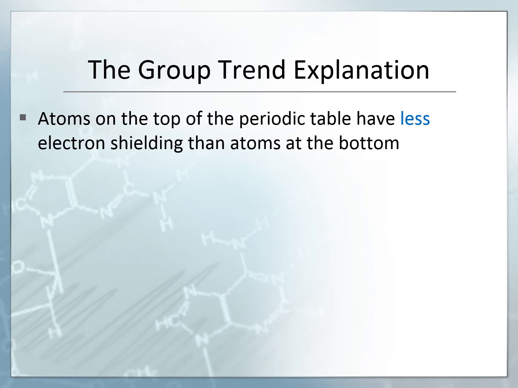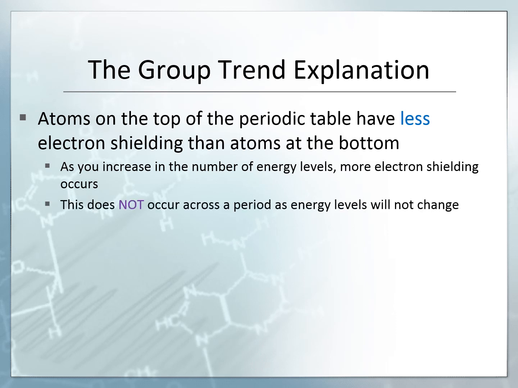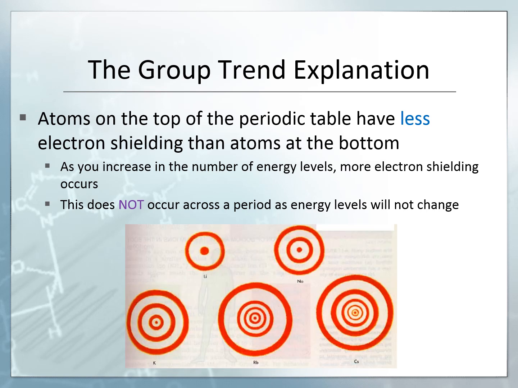Atoms at the top of the periodic table have less electron shielding than atoms at the bottom. As you increase the number of energy levels, more electron shielding occurs. This does not occur across a period as the energy level does not change. So this is down the group.